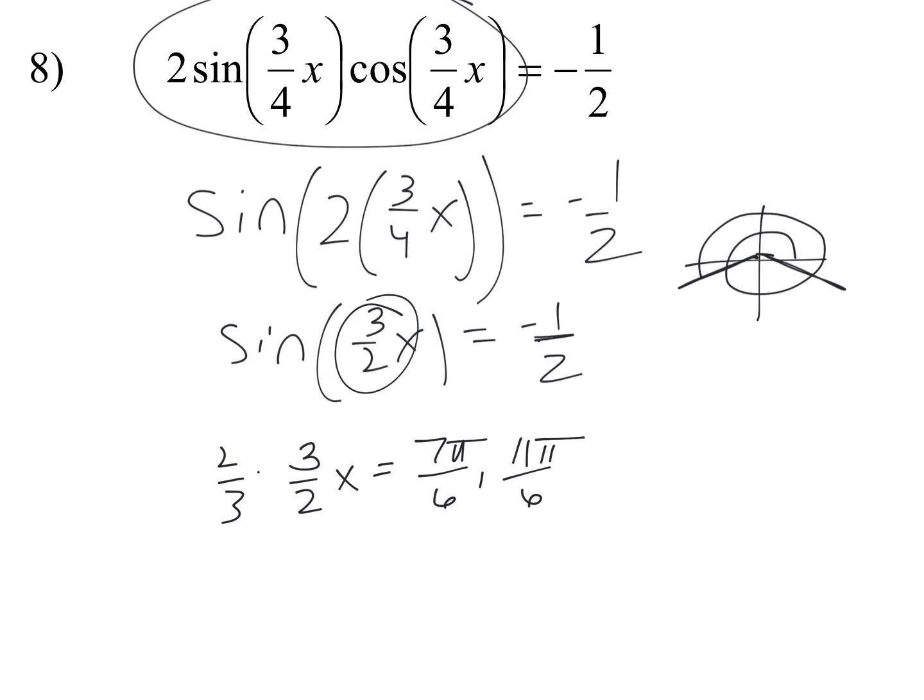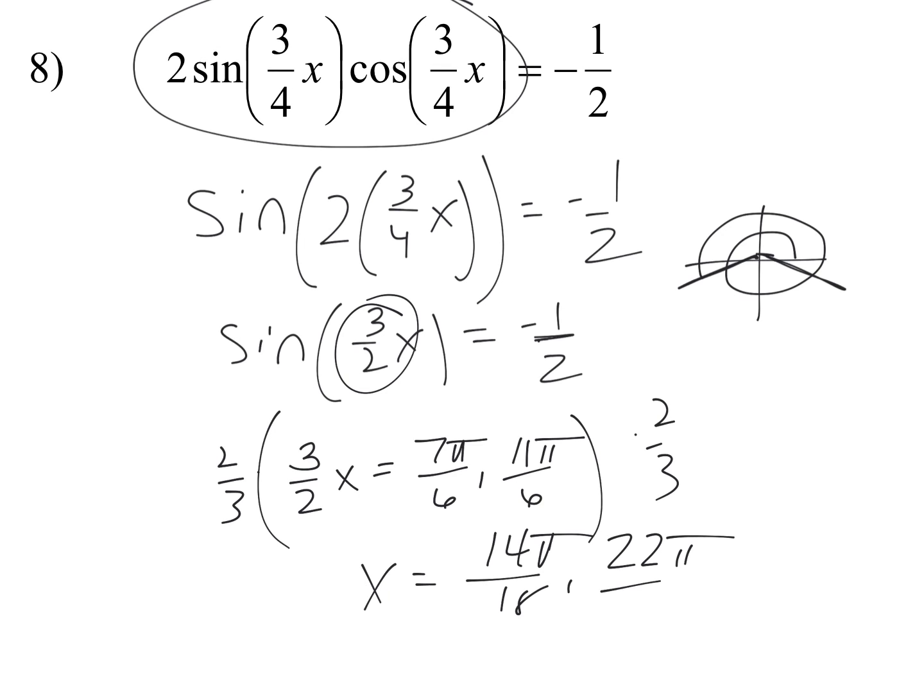Multiplying both of them by 2/3 gets me 14 pi over 18 and 22 pi over 18 plus 2 pi n. So that would be all the solutions given that rotation.